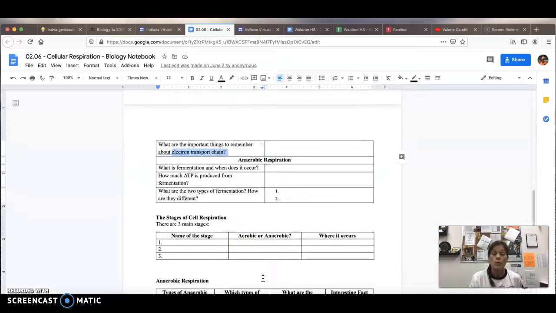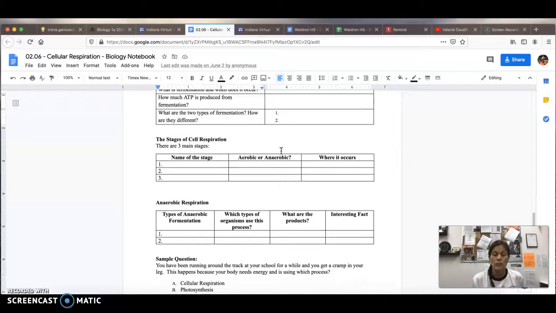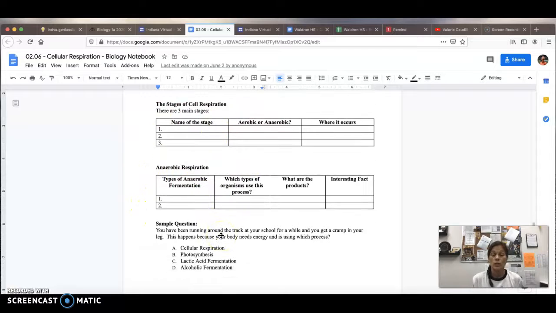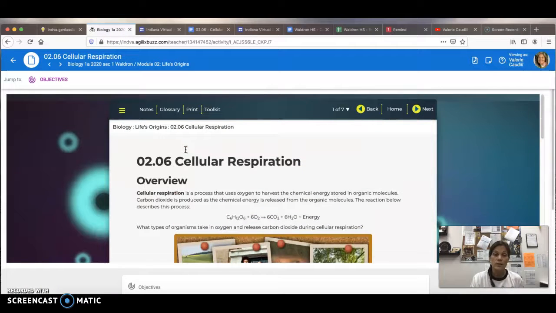And then we'll wrap up this lesson with some anaerobic respiration, so some fermentation and the different types of fermentation. There's a couple of different tables here that you're going to be able to document data in as well. So here's one for the 3 stages of cellular respiration, and then the second table is for the 2 types of fermentation.